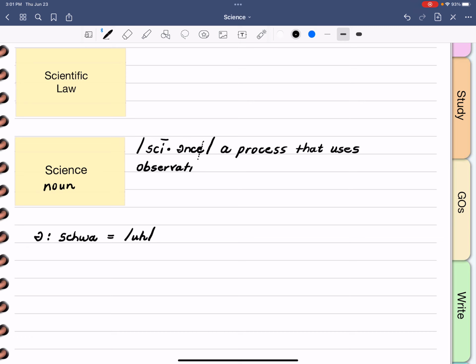An observation is what you see, hear, smell, taste, and feel. And investigation. That's a 5-syllable word. Investigation. To gain knowledge about events in nature.